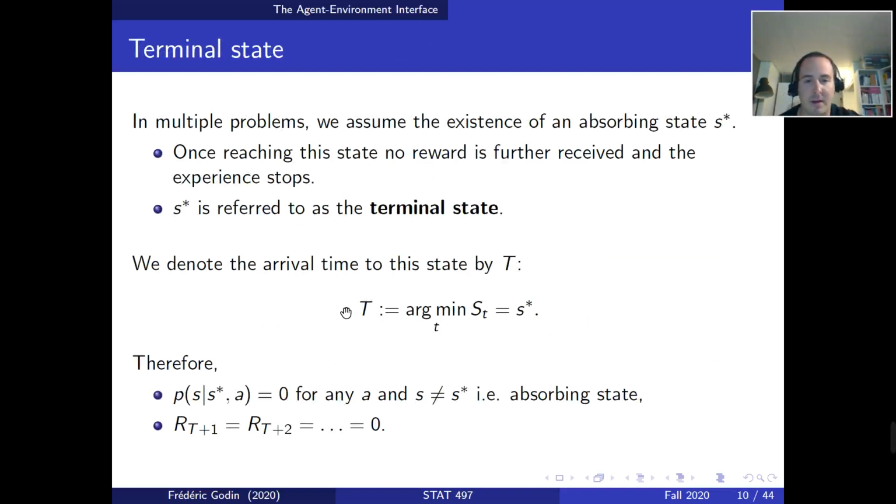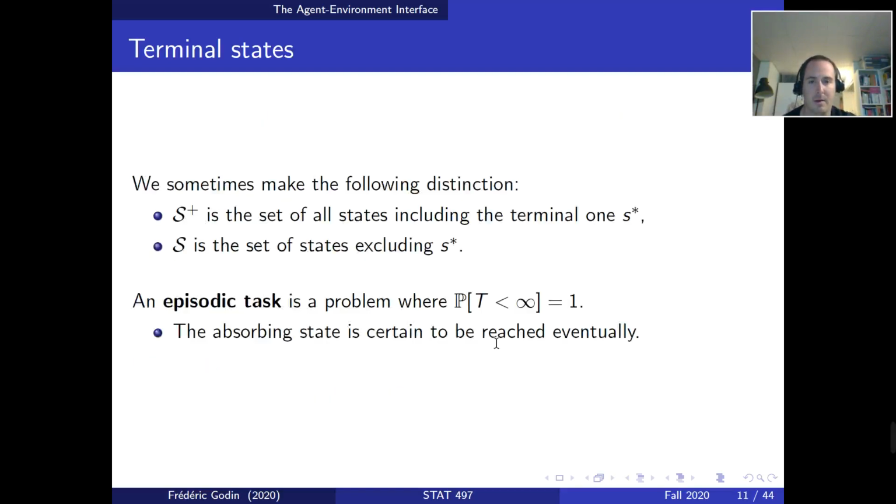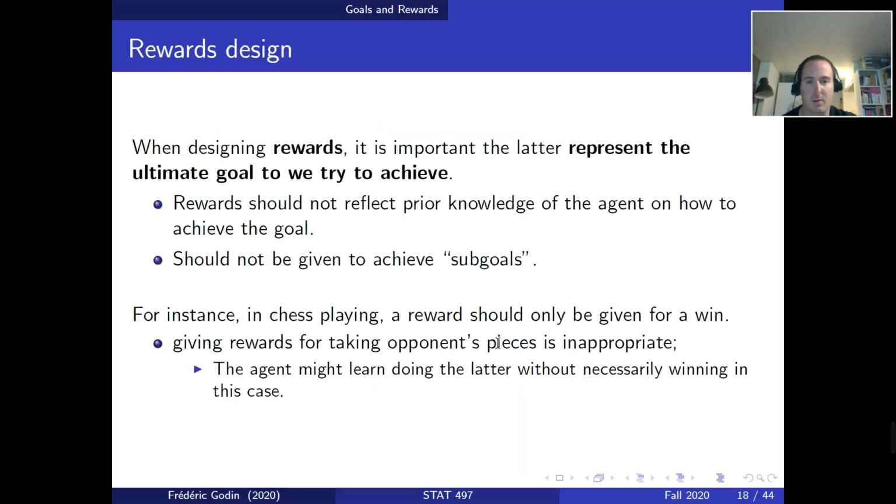The arrival time capital T was the first time you arrived at some absorbing state. But the time it takes to get there is random, so you don't know in advance how much time passes before you get there. So let's go back to where we were.